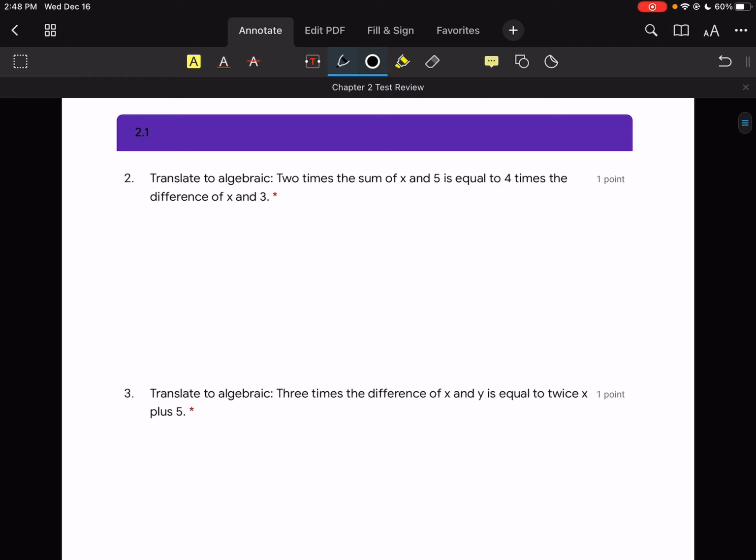This is in 2.1. We were just translating algebraic expressions to words or word sentences to algebraic expressions. So 2 times, that means 2 multiplied by the sum, meaning that I'm going to have parentheses here, of x and 5 is equal to 4 times the difference, so that means we got parentheses here, of x and 3.